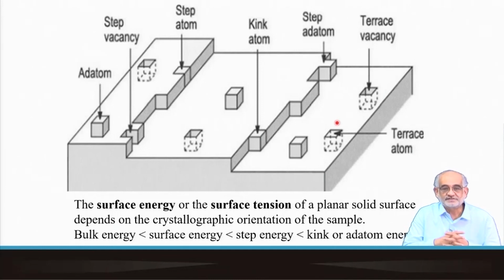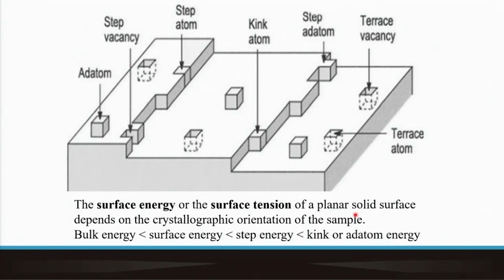So in such situation, basically the surface energy or the surface tension of a planar solid surface will choose the way to grow depending on the crystallographic orientation of the surface. And we also have to remember that energy wise, the bulk energy of course is the least, surface energy is higher, the step energy as we are seeing here is still higher than the normal overall surface energy, and the kinks or adatom energy is the highest one.